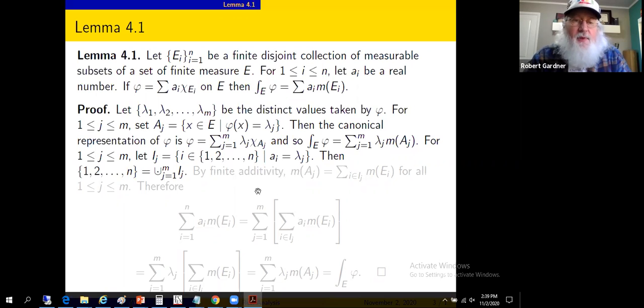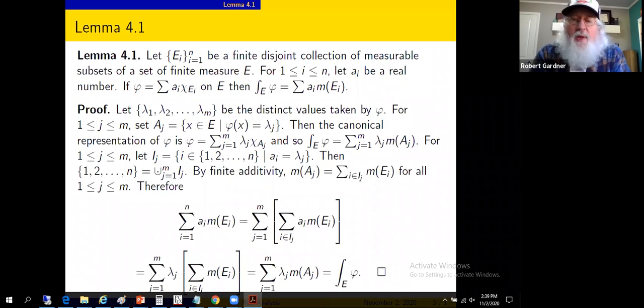Then we're simply picking off the values of i for which a sub i equals lambda sub j. Then if we union all these I sub j's up, we get the total collection of indices i. Of course, that'd be a disjoint collection because the lambdas are distinct because they were related to a canonical representation of the simple function. All right. We have additivity of measures of functions.